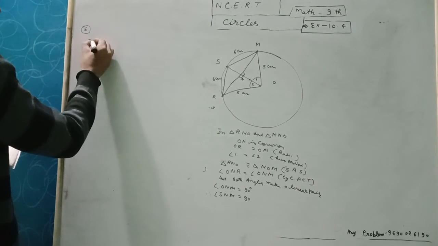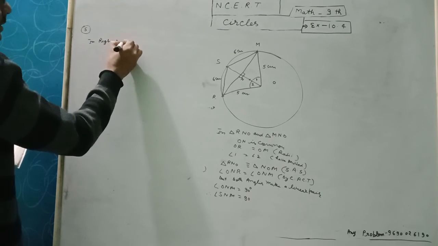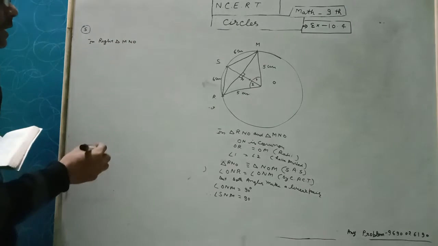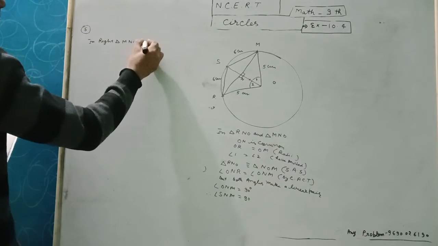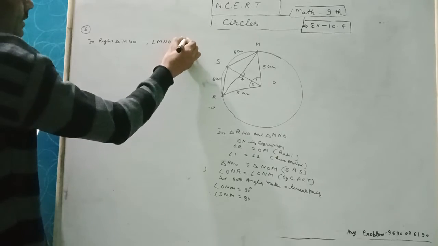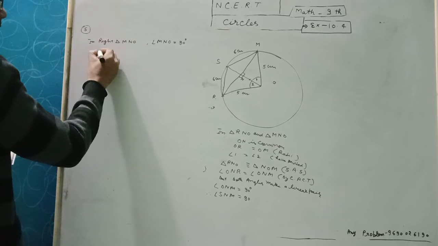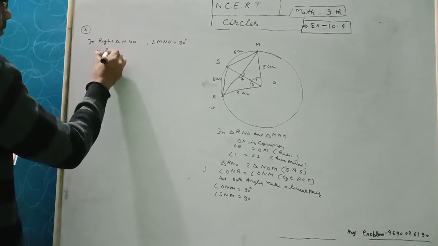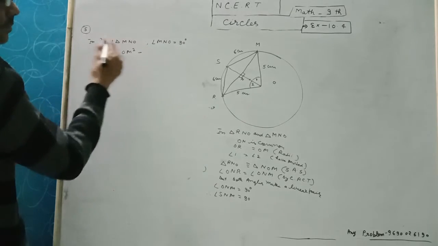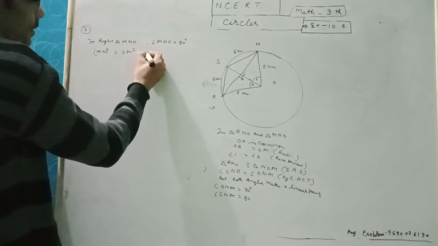Now in right triangle MNO, angle MNO is equal to 90. By Pythagoras, MN square is equal to OM square minus ON square.